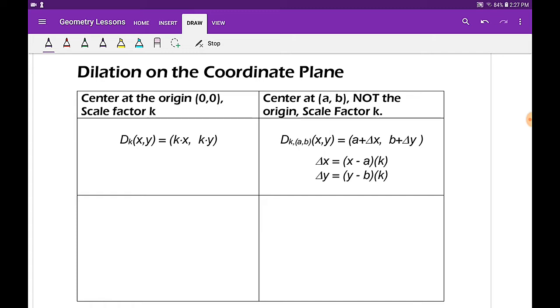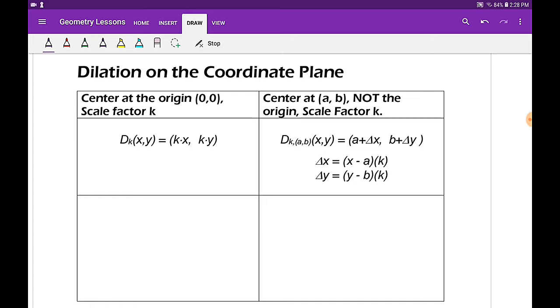Well, the notation is, the dilation of a point with coordinates (x, y), with a scale factor of k, we're using k here instead of n, the scale factor, is equal to (kx, ky).